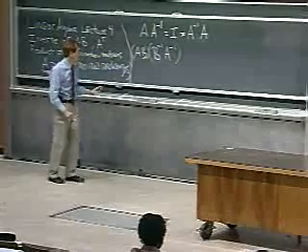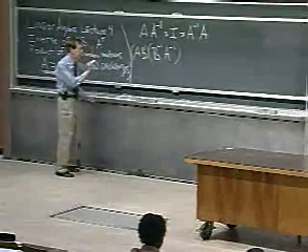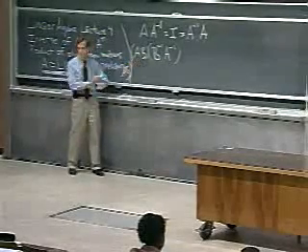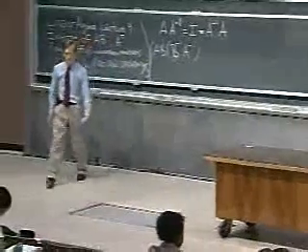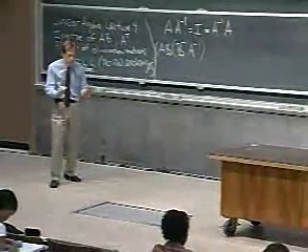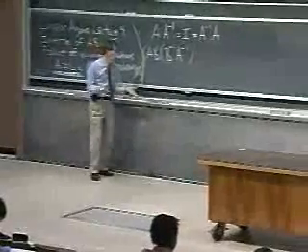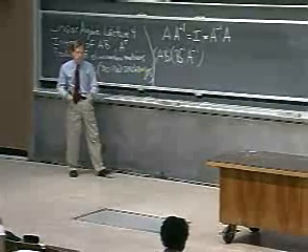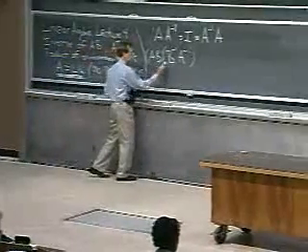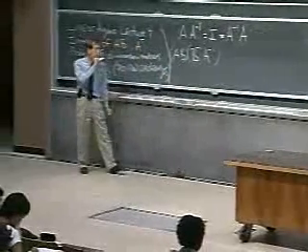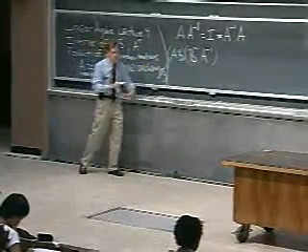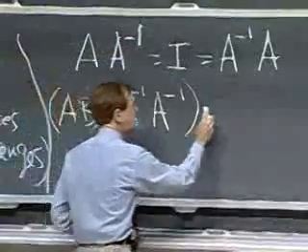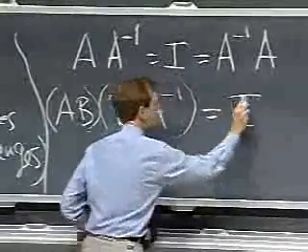Okay. So why? Once again, it's this fact that I can move parentheses around. I can just erase them all and do the multiplications any way I want to. So what's the right multiplication to do first? B times B inverse. This product here is the identity. Then A times the identity is the identity, and then finally A times A inverse gives the identity.